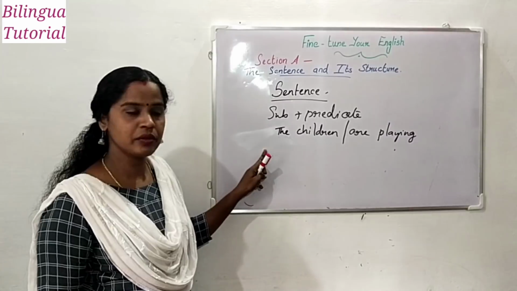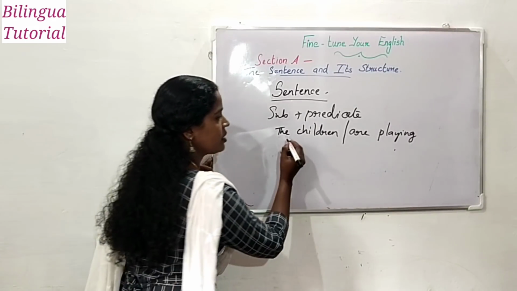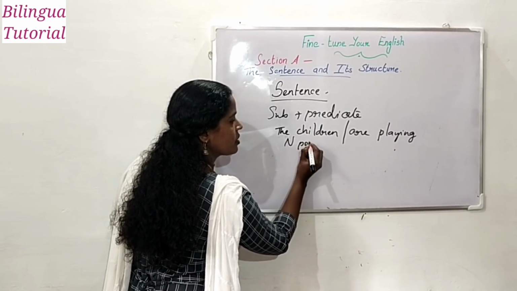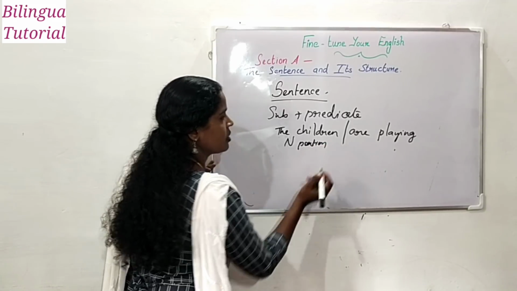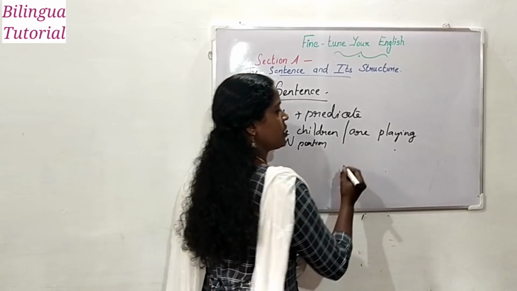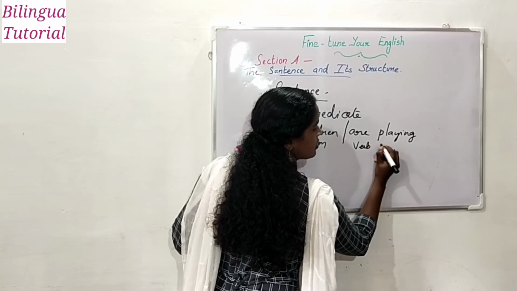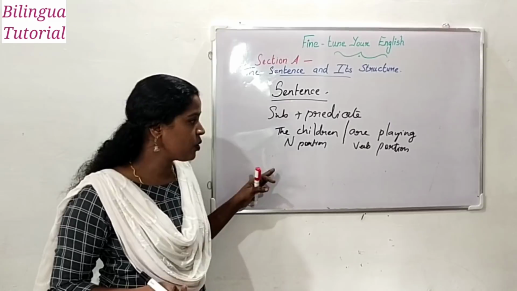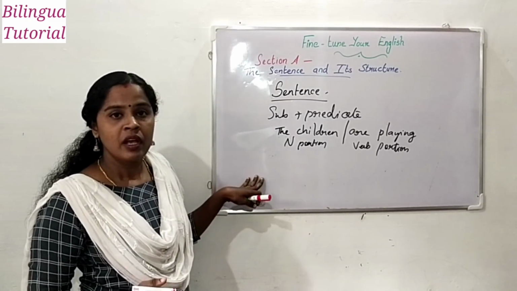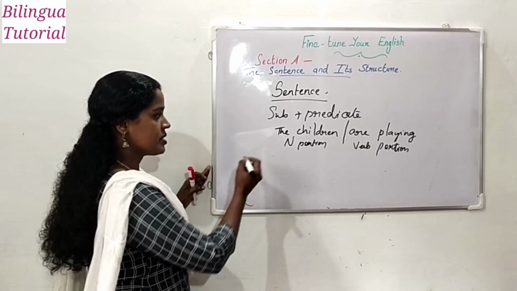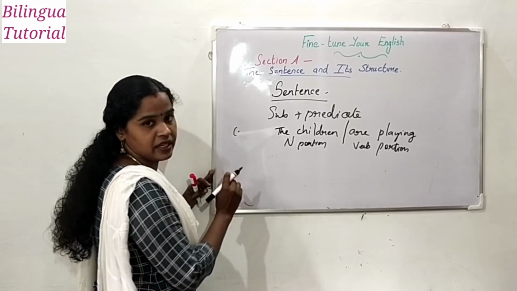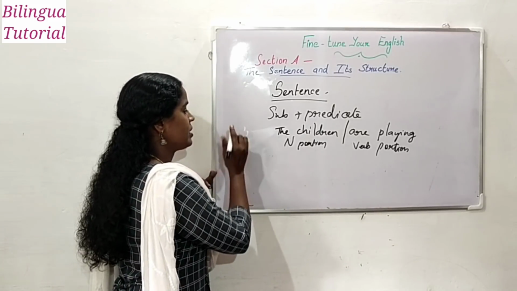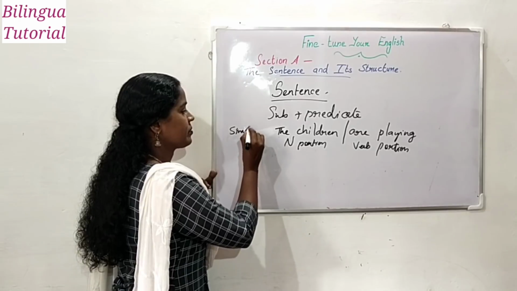So I have given you the explanation that the noun portion is the subject and the verb portion is the predicate. And I'll tell you, this sentence is a simple sentence. The children are playing is a simple sentence.